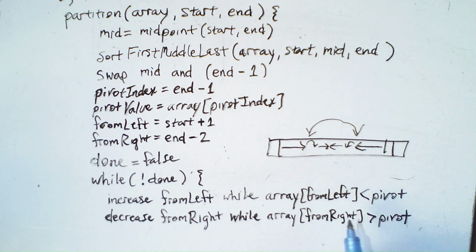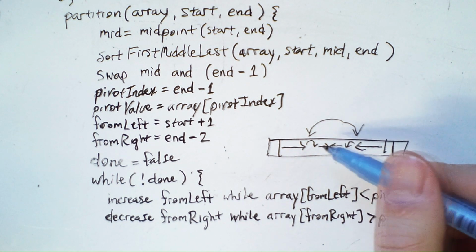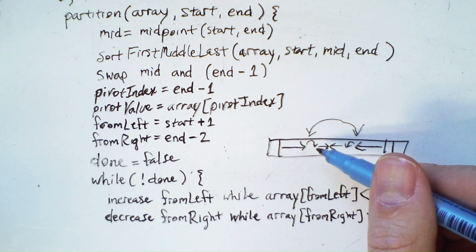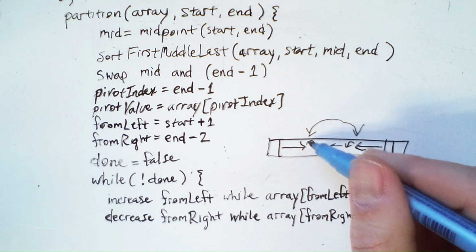And once we've found an element from the left that is not small enough and an element from the right that is not large enough, we then see where they're located, because we're moving from the left and from the right. And if it turns out that the left side and the right side haven't crossed yet, then we need to swap things over.